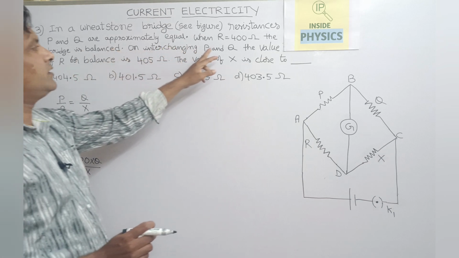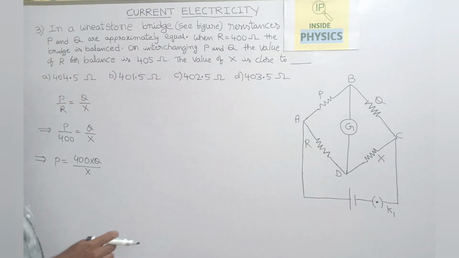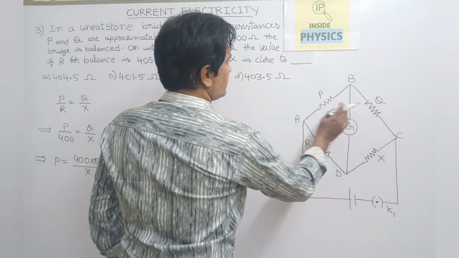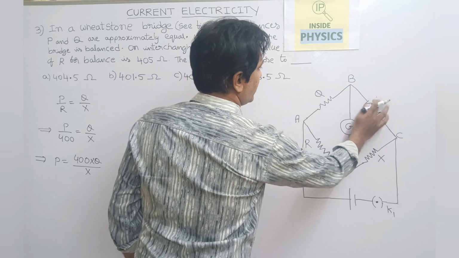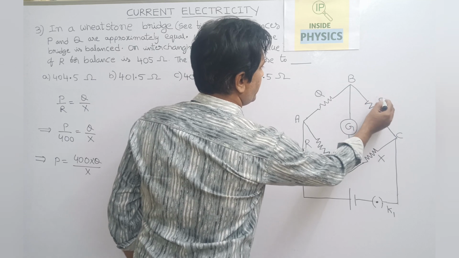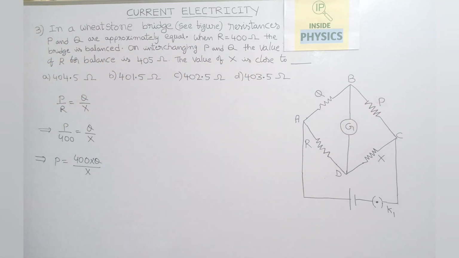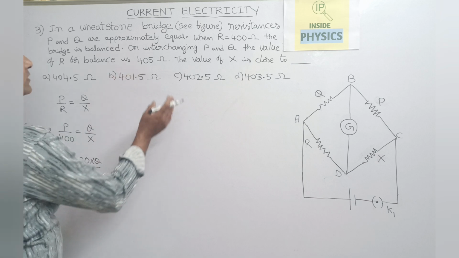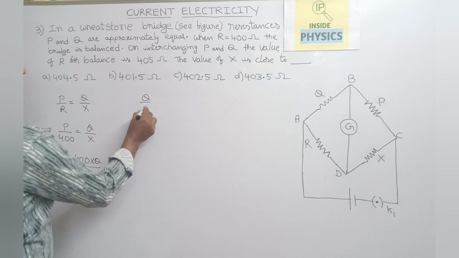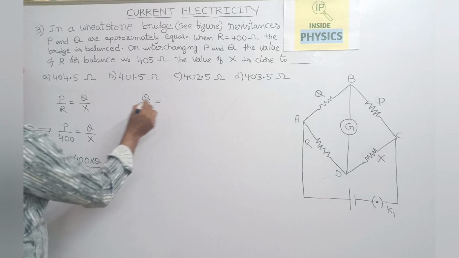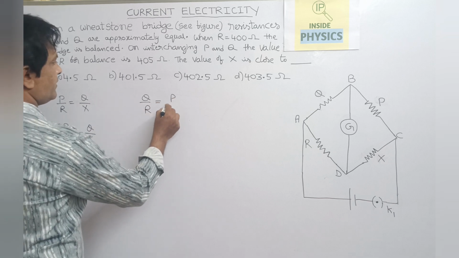On interchanging P and Q, the resistors are interchanged. So we can write here this as Q and this as P. After interchanging, the R value at the balancing condition is 405 ohms. So for the second part, we can write Q by R is equal to P by X.